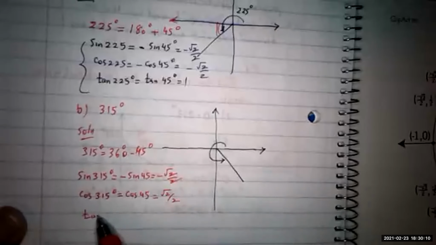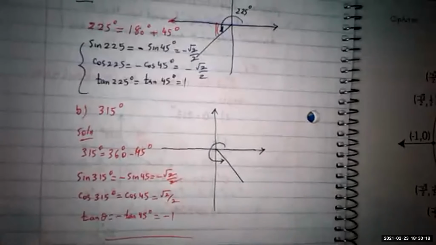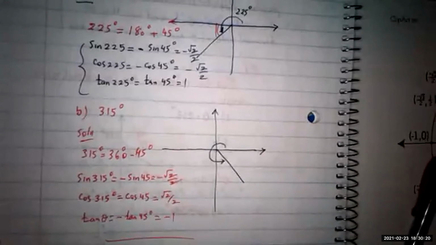And the tangent, positive over negative, is a negative tangent of 45 degrees, which is equal to negative 1. If on the test you're asked to find those six, you'll be able to identify all six. I just want to give you an idea of what's going on with these reference angles. Any question? That's very useful to get these numbers. If you want to do classic trigonometric functions, you have to take care of this type of idea.